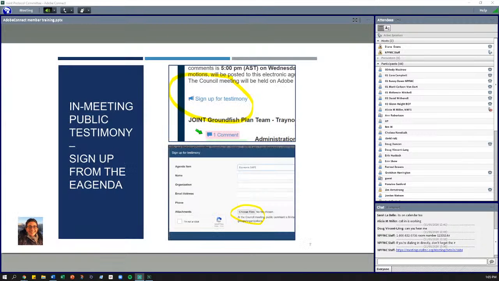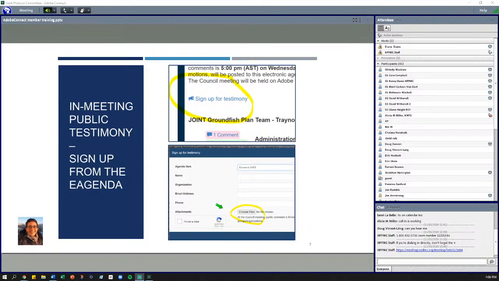We do have in-meeting public testimony, like David said, on our e-agenda. We need to update these slides, but you can sign up for public testimony. You click on the green link that will allow you to upload and sign up. You sign up for what agenda item you want, with name, organization, email. Tell them that you're not a robot, and then you can attach your document.